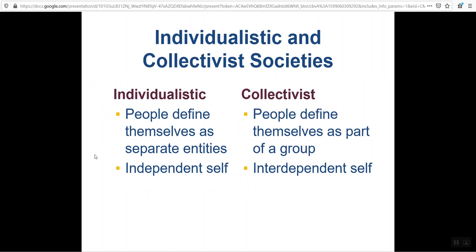The effect of the mindset of the entire society. The United States is thought to be a very individualistic society versus some other countries that are more collectivist. Individualist societies tend to focus more on individual freedoms and independence, whereas collectivist societies tend to focus more on the benefit of the group or the overall society.